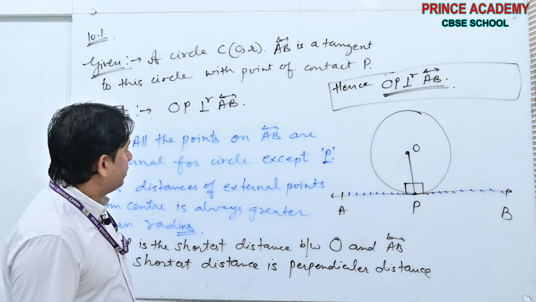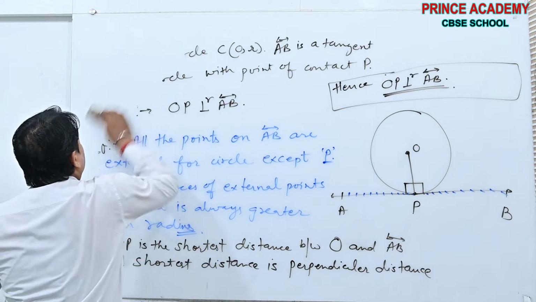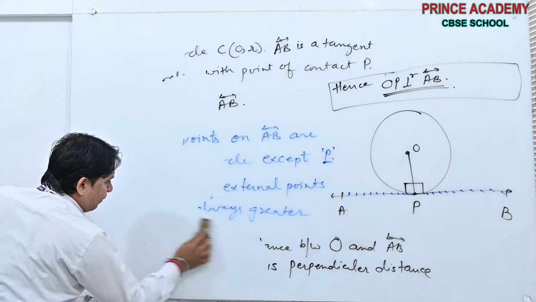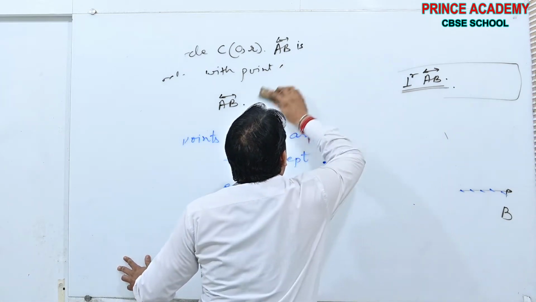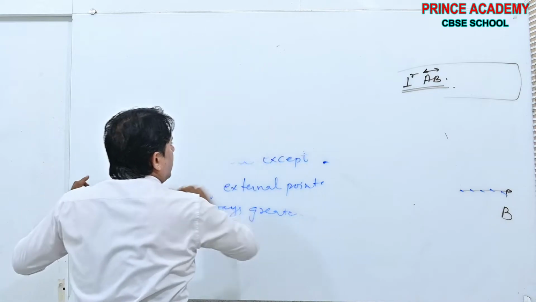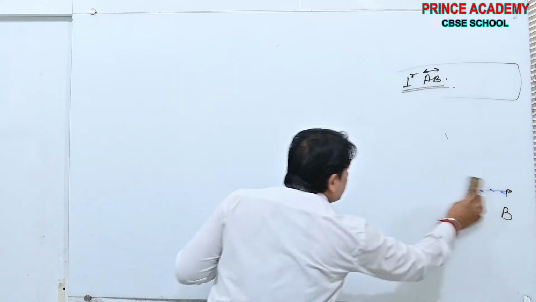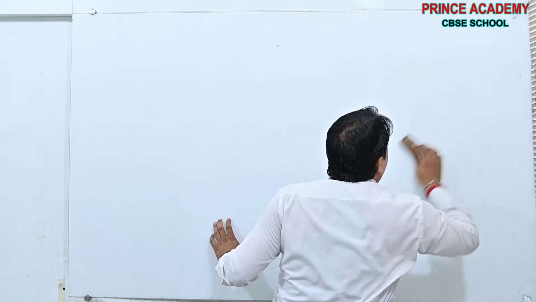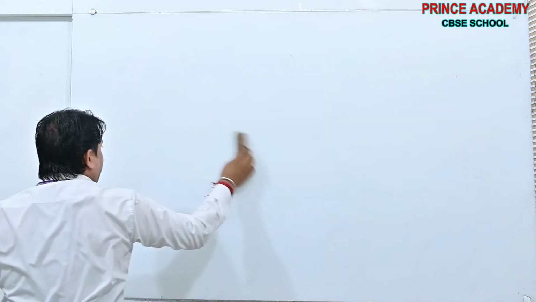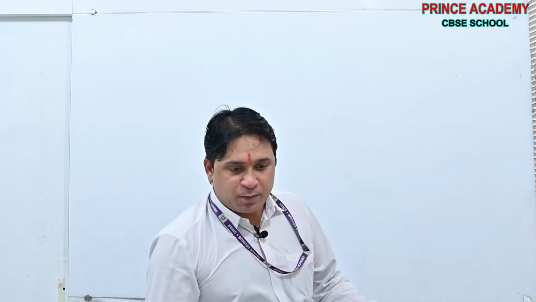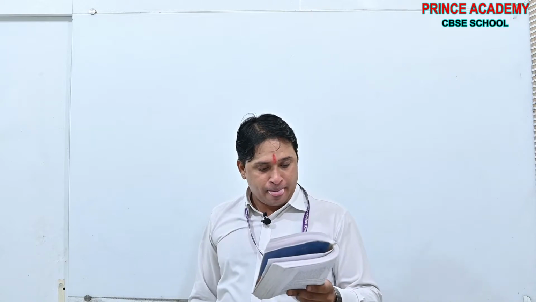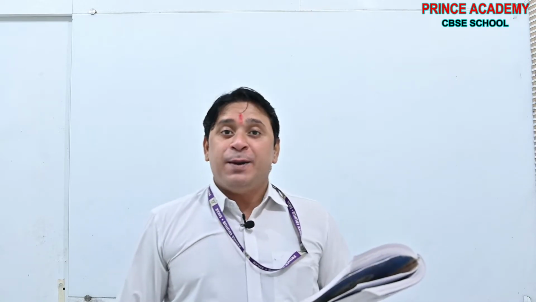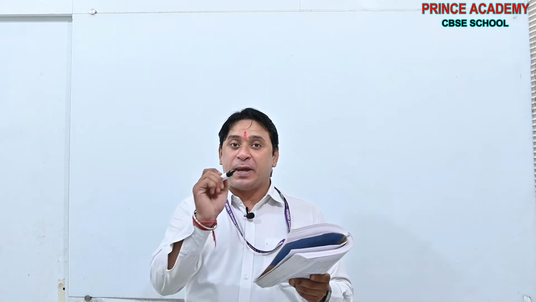See beta, in 10.1 we have discussed two questions. The third question, which is based on this theorem, we are going to discuss right now. See question number 3. A tangent PQ, at a point P of the circle.